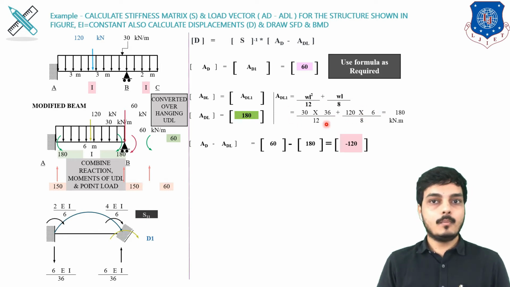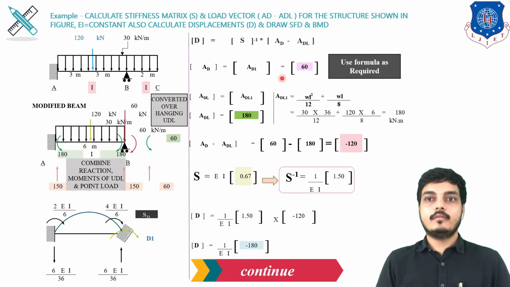Both values will be positive, as you know on the right hand side the moments are positive. So now my value is 180. We found this previously, so keep it as it is. Then solve both matrices. AD minus ADL will be 60 minus 180, which is minus 120. So this is my load vector AD minus ADL.